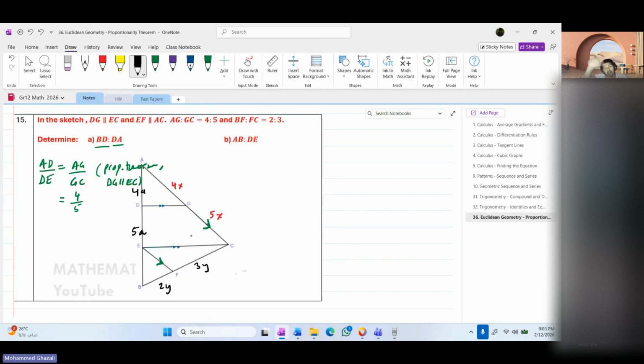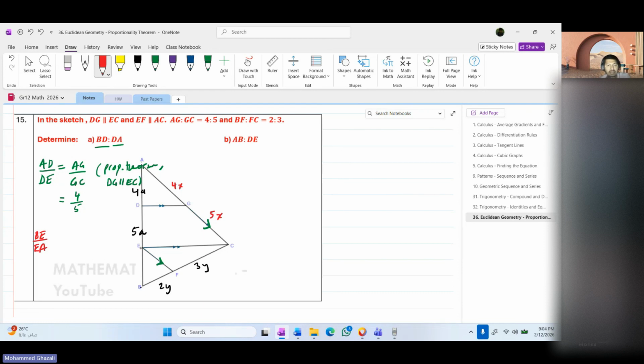Now work with the other triangle. Work with BE. What do we want? We want BD. I can't work with BD at the moment. I can work with BE to EA. You always need to work with a triangle that has a parallel line. How can you work with broken parts here?